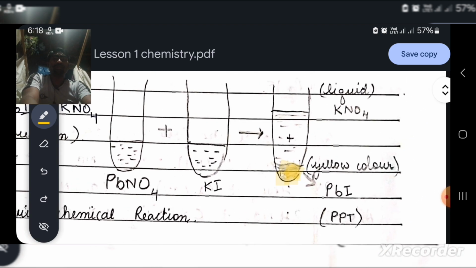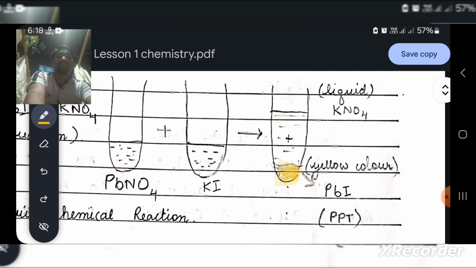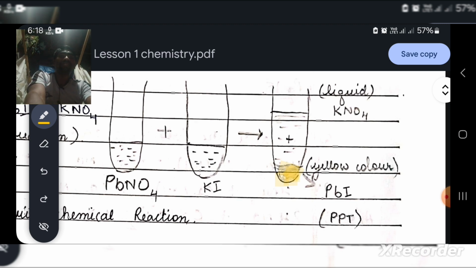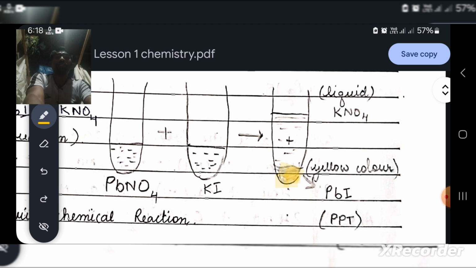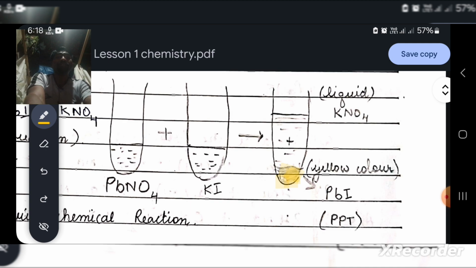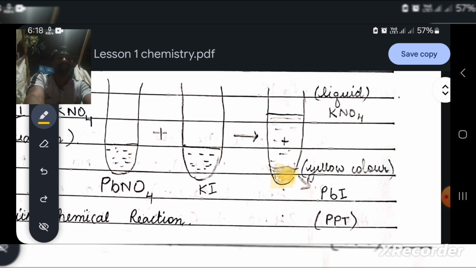You can look from test tube A, this Pb(NO3)2, the NO3 is replaced by I, which is present in test tube B. I means iodide, that potassium iodide, and this has become potassium nitrate, means the nitrate has come with potassium. Both are displaced, they have displaced one another. So this one becomes a double displacement reaction.